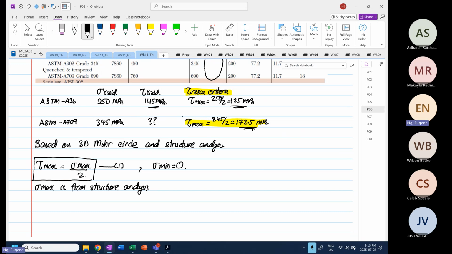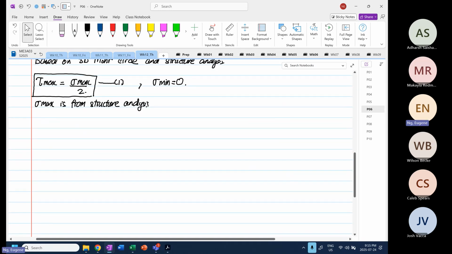Now let's look at one typical example, or one stress state, for equation number 1.